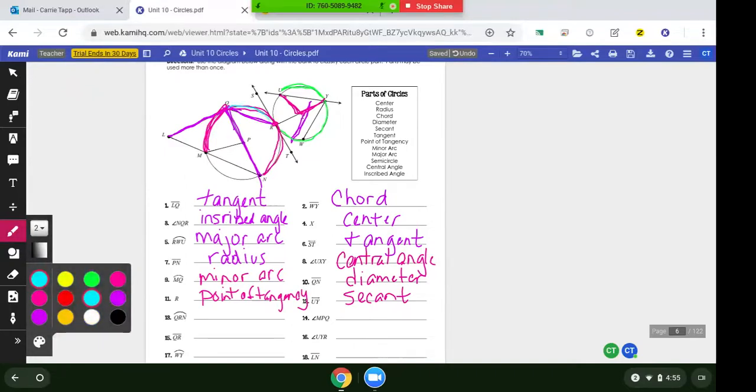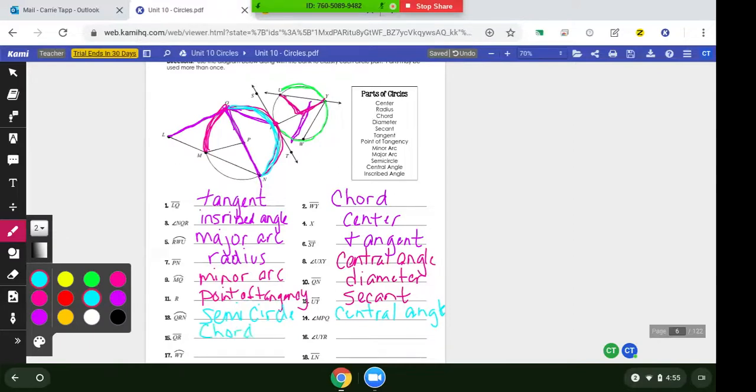QRN here is half of the circle, it's 180, so that's a semicircle. Okay, angle MPQ is the central angle because it goes to the middle. Segment QR is a chord, it does not go through the middle.